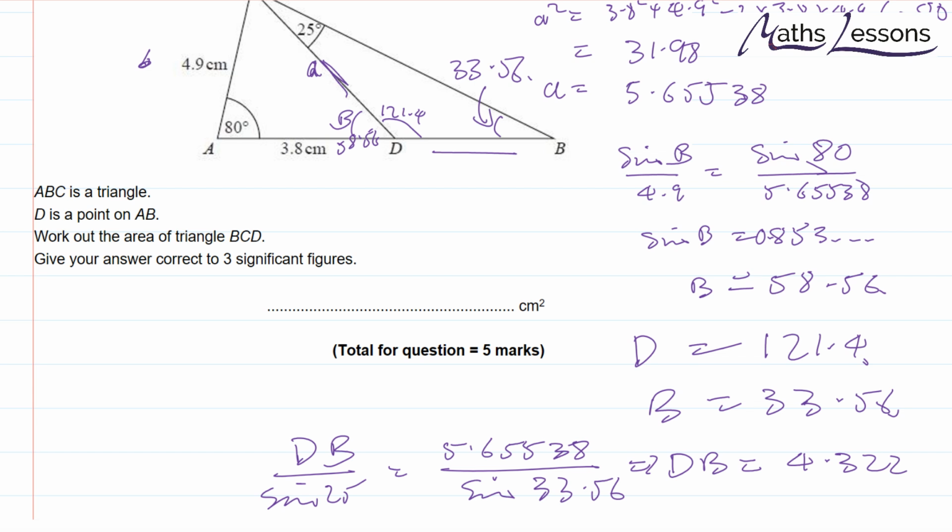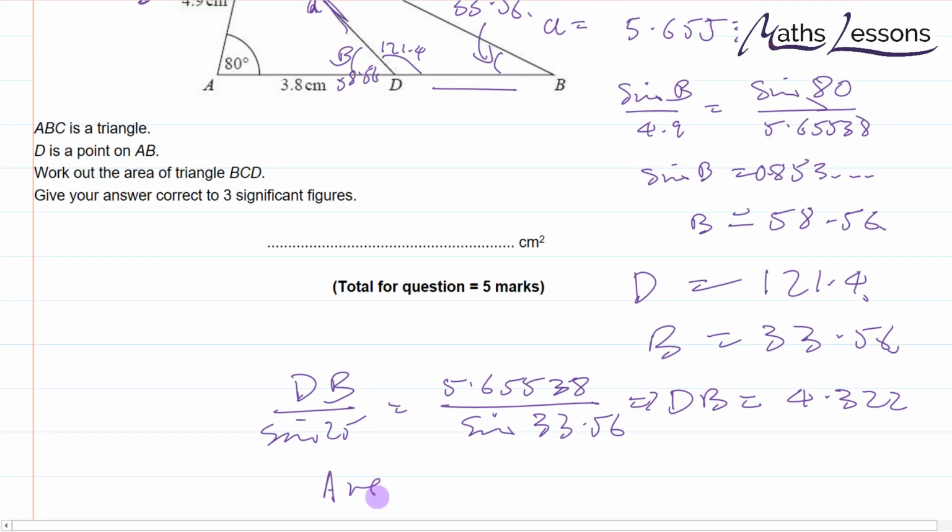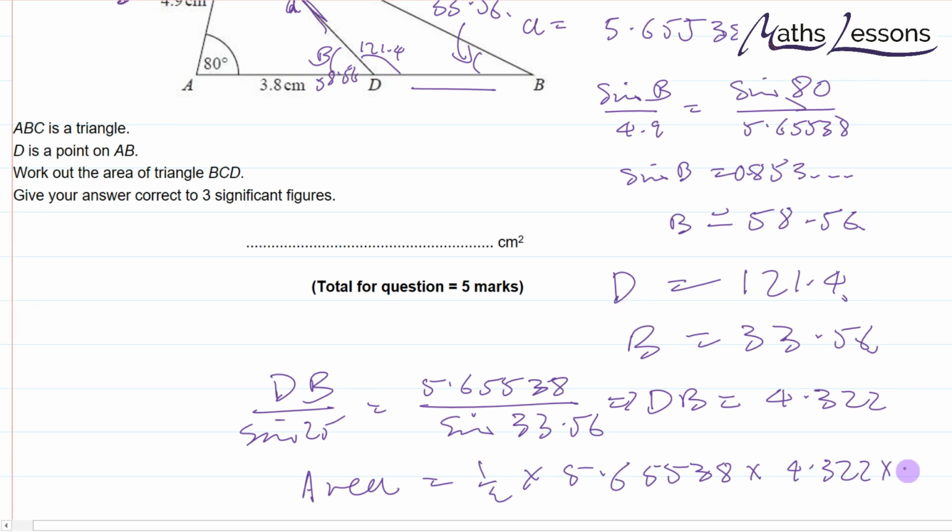4.322. Now I've got DB, and I've got this side, so I've got these 2 sides and this angle, I can now find the area. So the area will equal a half times this side here, 5.65538, times 4.322 times sine of 121.4.